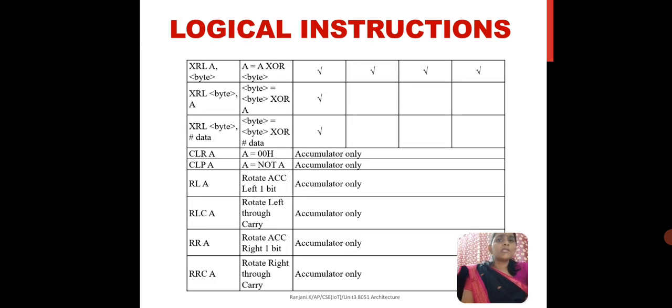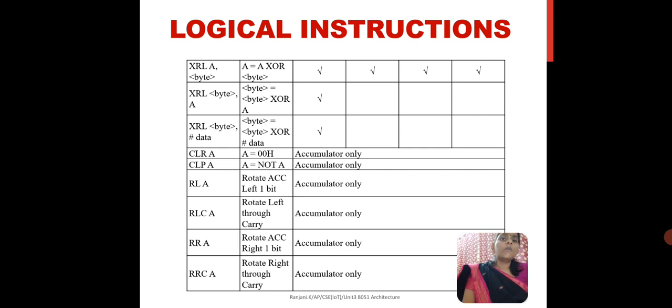XRL performs the exclusive OR operation, whereas CLR clears the accumulator and CPL complements the accumulator. RL rotates the accumulator to the left, and RLC rotates the accumulator to the left through carry.